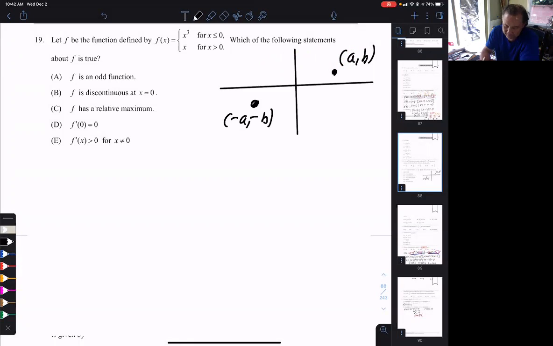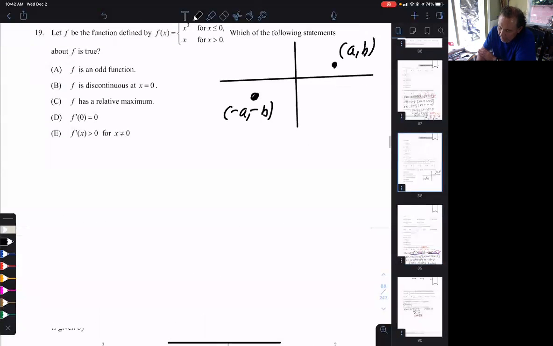Now next, what is that saying? So suppose you have, this is odd, suppose you have f of x. Well, for the odd function, you plug in the opposite of x. So now you put opposite of x in for x.